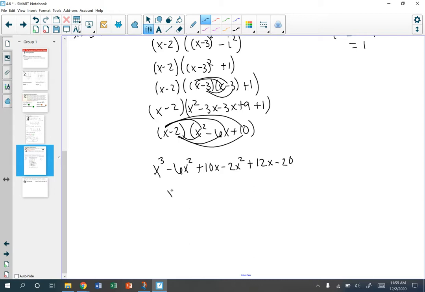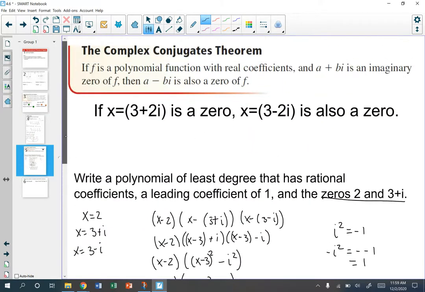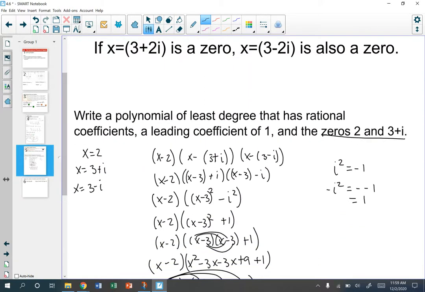Okay, now one more time, combining our like terms, we get x cubed minus 8x squared plus 22x minus 20. All right, very similar process to our irrational roots theorem, just working with now complex numbers.